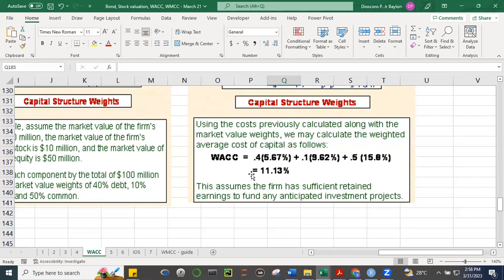So here we compute for the weight of the debt multiplied by the cost of debt, and then the weight of the preferred multiplied by the cost of preferred, plus the weight for the common equity multiplied by the cost of common equity, and we have this. So this is now your weighted average cost of capital, and this is what you use to assess projects.